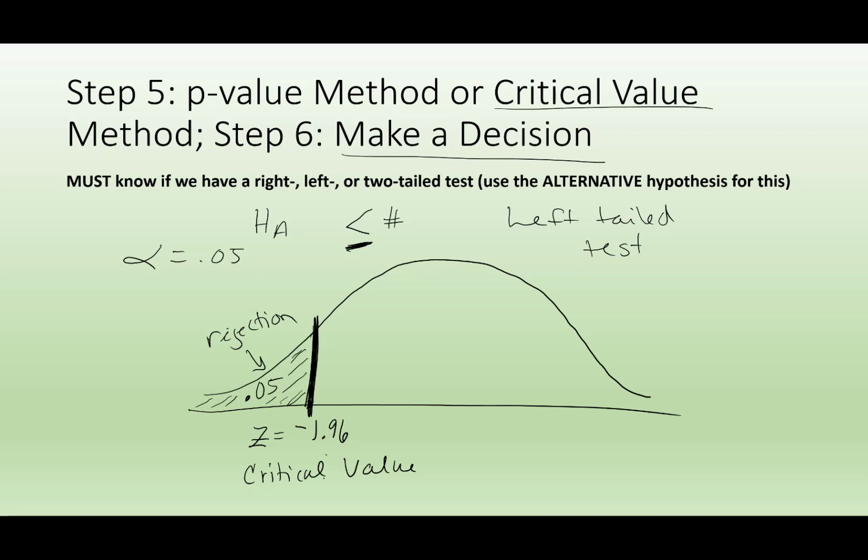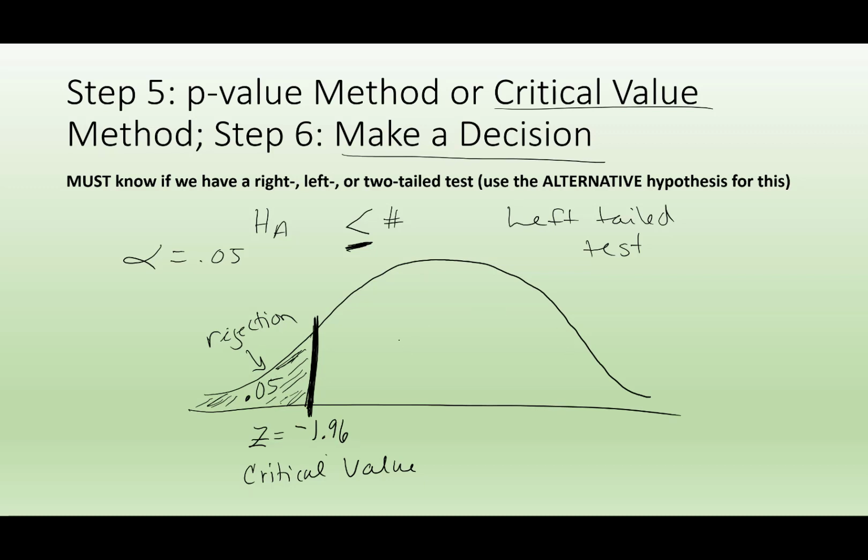Now, once we have our critical value found, the next thing that we're going to do is we are going to need to determine where does our test statistic from step 4 fall with respect to our critical value. So the area of the critical region or the rejection region is going to come from our alpha values.